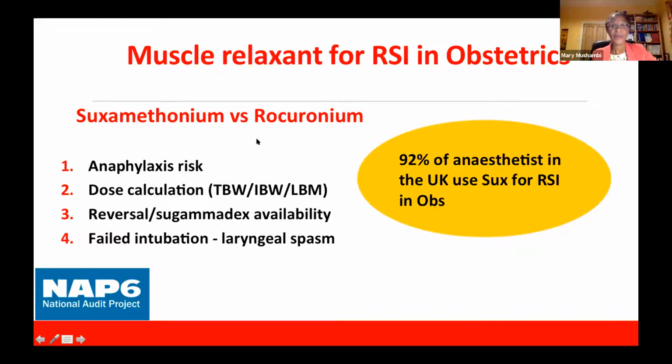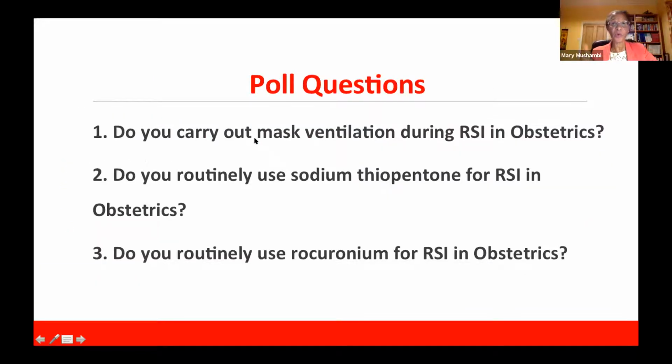So with that, I think we're going to have our first poll questions to ask you all. And hopefully this will be put onto the screen now. Could we have the poll questions? Yeah, so the first one, and you're able to say yes or no. Do you carry out mask ventilation during rapid sequence induction in obstetrics?